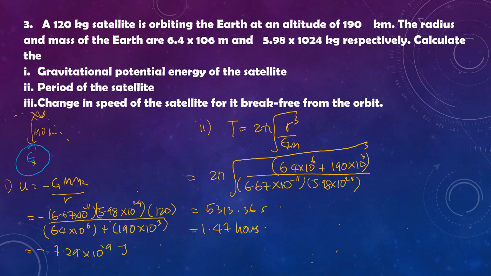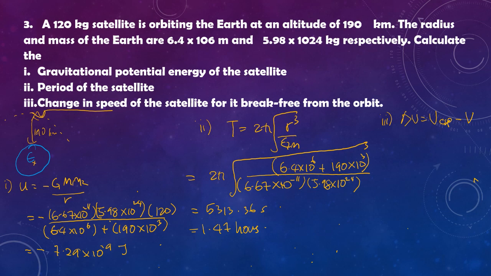Okay, so now the third one. The third is the change in speed of the satellite for it to break free from the orbit. This means the difference between the velocity of the satellite and the escape velocity. For number 3, the change in speed means delta V is equal to V escape minus V, the speed of the satellite.